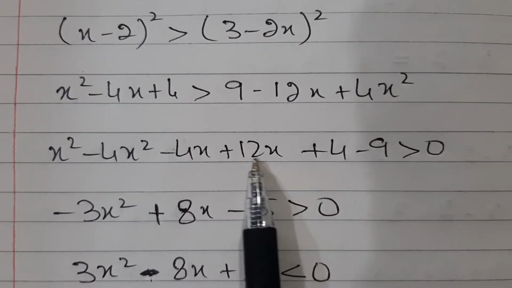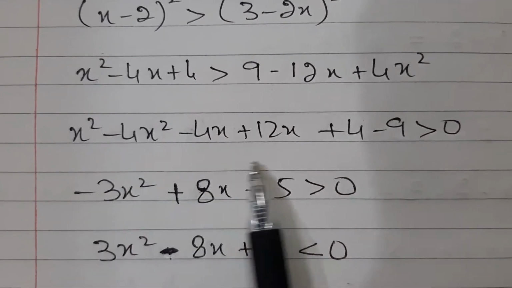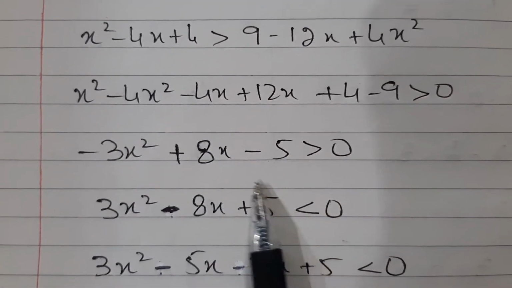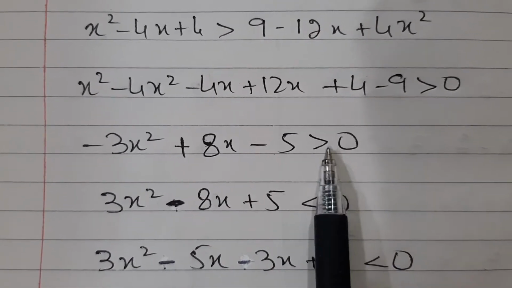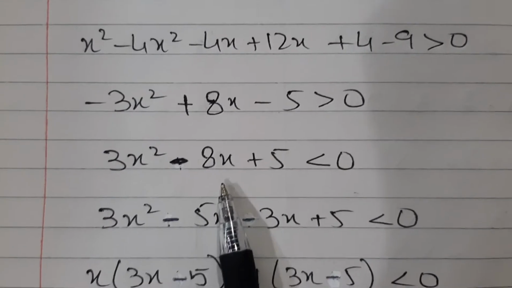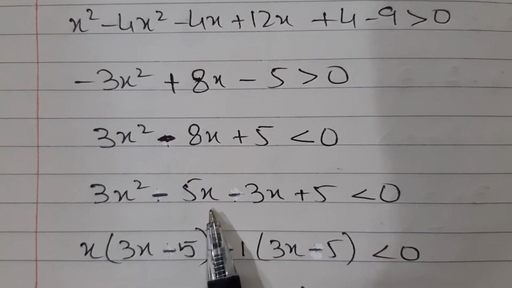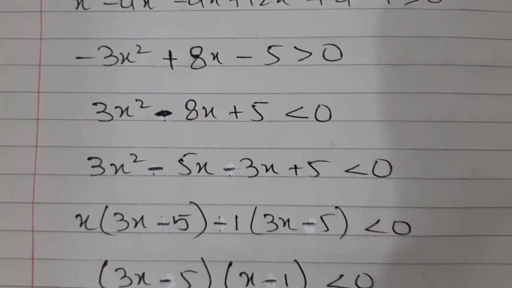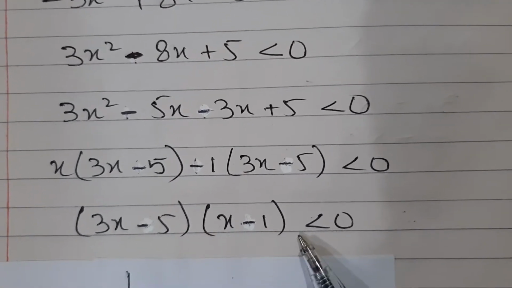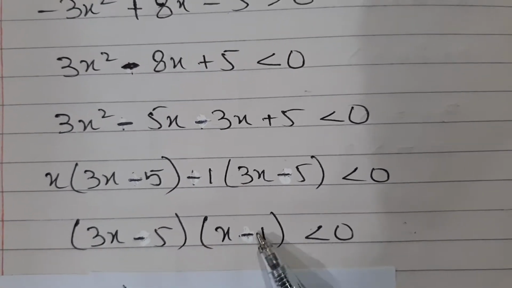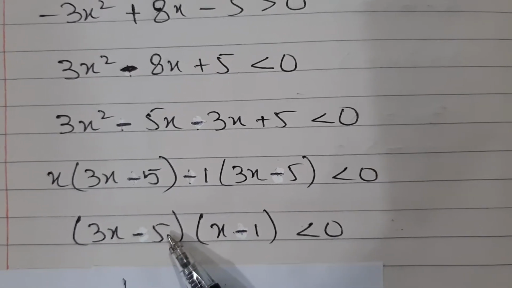Then simply solving it like algebra and multiplying by the minus sign, so the sign of the inequality reverses, then factorizing, and I end up at this. Now this means the graph is intercepting at 1 and 5 over 3.